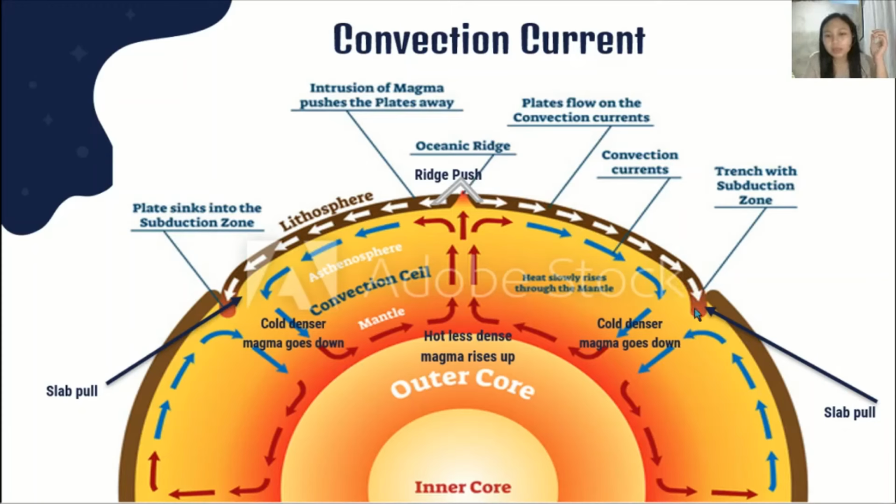Okay, so when the plates are being destroyed, it will melt, it will turn into magma, and it will combine with the magma here in the mantle. Okay, and pag nag-combine na siya, sasama na din siya dito para mabuo na bagong new ocean floor.